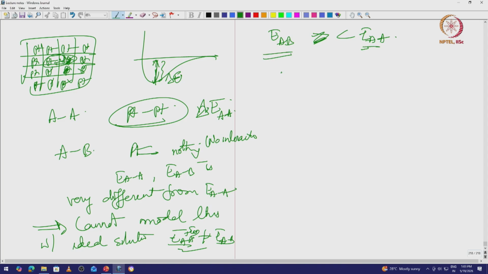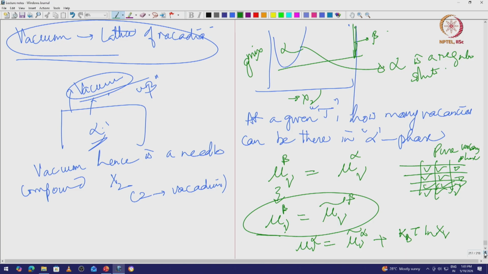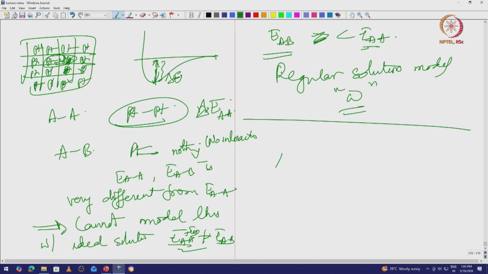So the other solution model I know is a regular solution model, where I have an interaction parameter omega, and I am going to model this as an interaction problem, right. Okay. All right. So now let us go back. In the beta phase we have absolutely no problem. Beta is the vacancy rich phase, mu tilde of vacancy, this is fine.